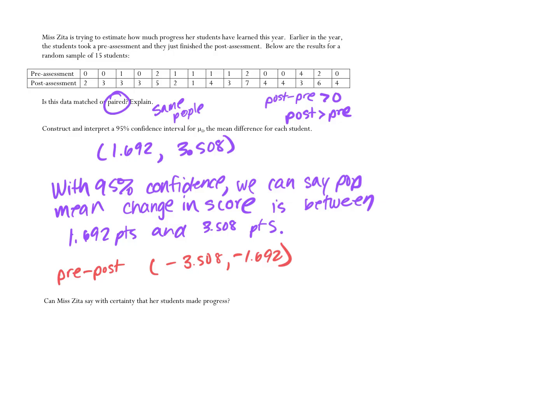Because if this had been my interval for post minus pre, I could say that students got worse, not better. So in this particular question, it's not asking, is there a difference? It's asking, is the difference a good difference? Yes. Okay? So instead of saying 0 is not in the interval, we're going to say the entire interval is positive.